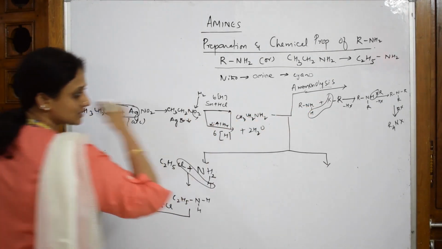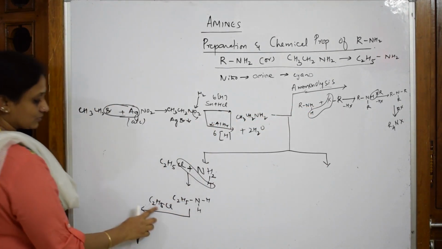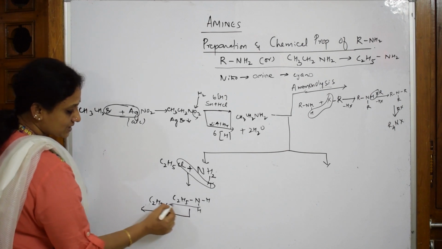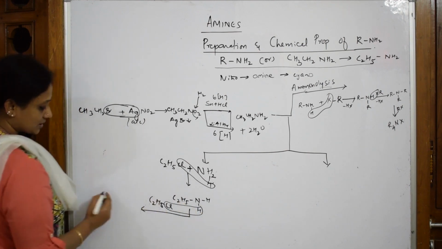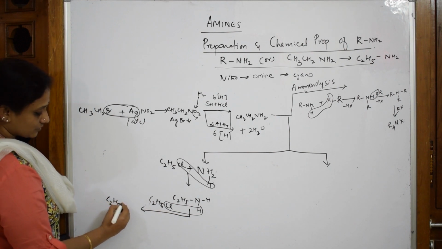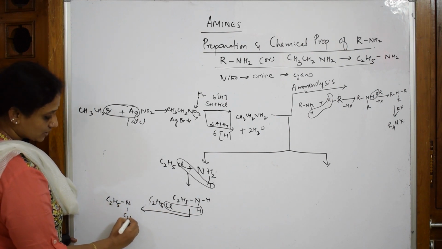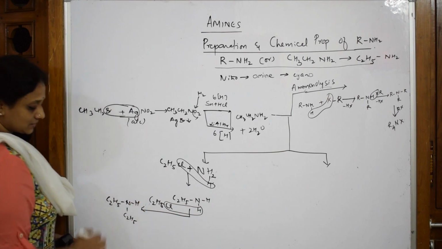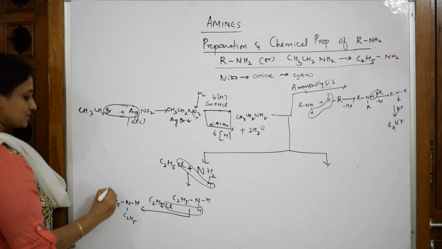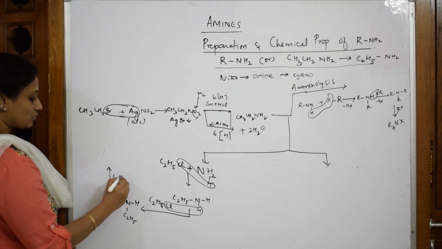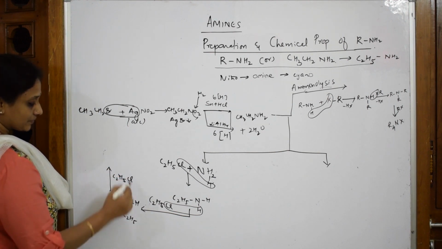I am adding this one, RX, that, now C2H5Cl. Now again one HCl comes out. So every time you are trying to add to this, what do I get? I get C2H5, C2H5 and H. Diethylamine. Now to this particular thing, you are going to introduce one more C2H5Cl.